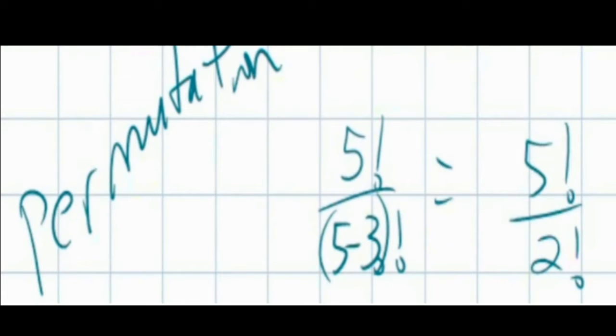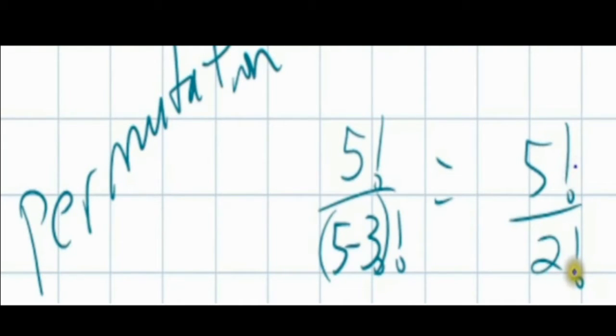Question 48 says, in how many ways can 3 seats be occupied if 5 people are willing to sit? And so this is a type of permutation. So the formula for this is just n factorial over n minus r factorial. So n is your total number of people, so that would be 5. And r is the 3 seats that can be occupied.